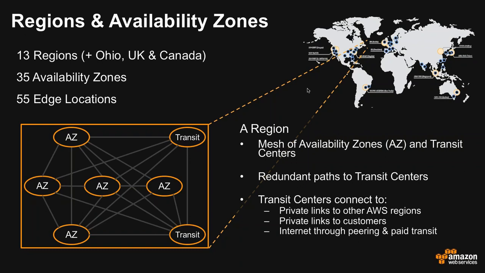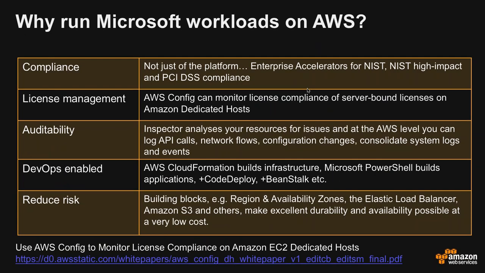So we'll drill in a little bit as to why run specifically Microsoft workloads on AWS. Effectively, there are 5 key areas that we like to think are important for our customers to understand about reasons to run their workloads on AWS. First of all, the AWS platform is enabled for compliance.